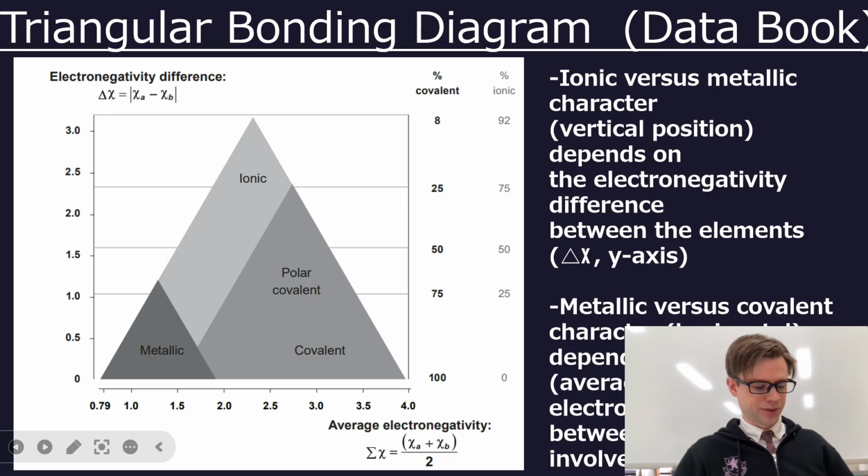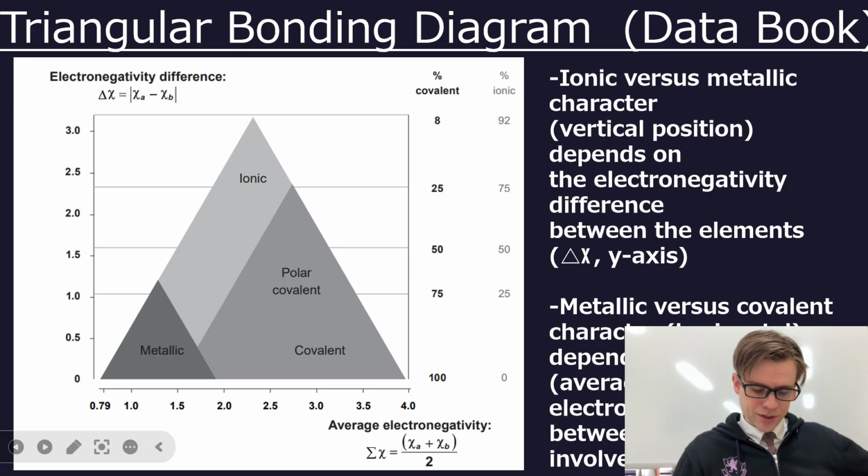It's the difference of one material in the bonding minus the others. Then on the bottom, on the x-axis, we have the average electronegativity. This would be just one of the atoms' electronegativity plus the other divided by 2. Or if you had 3 or 4 things bonding, you could add up all their electronegativities and divide it by the total number, I think. But usually we're dealing with 2.